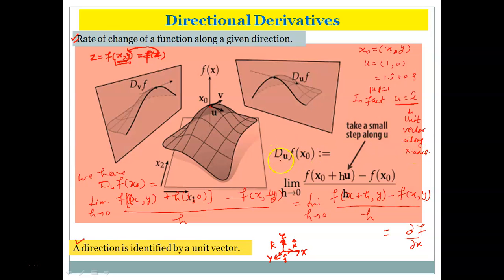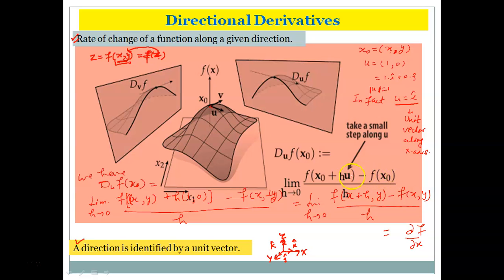Now we define the directional derivative here in this way. Capital D stands for the directional derivative in the direction of this unit vector u at a point x naught, which is equal to limit h tending to 0 of f of x naught plus h u, where u is the unit vector, minus f of x naught.